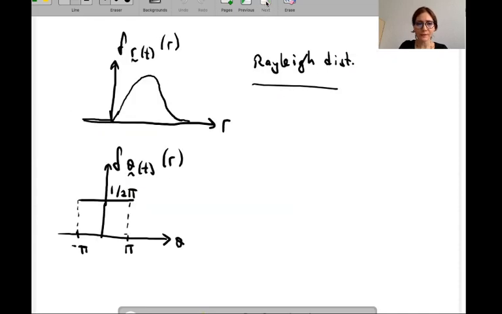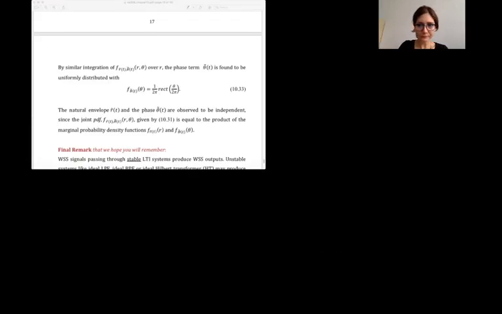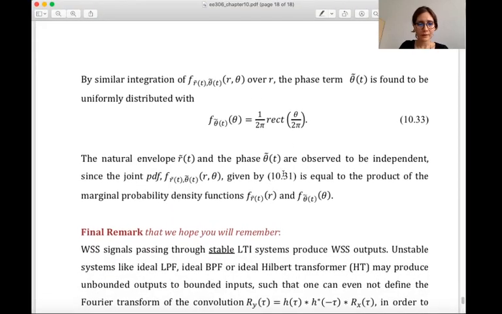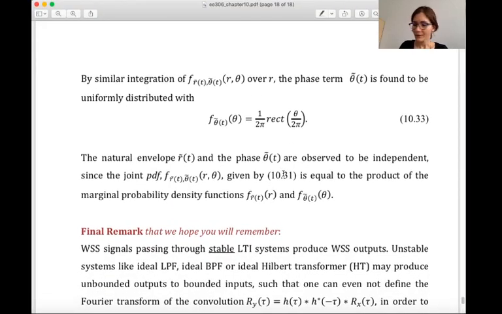So this is why it is quite reasonable to obtain a uniform density for the phase term, or the direction of the arrow in some way. All right. So this is about the R of t and theta of t random variables.